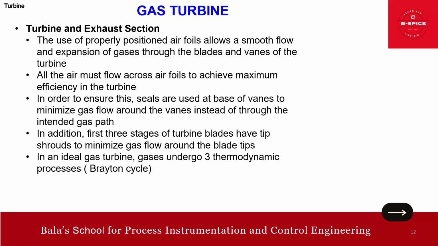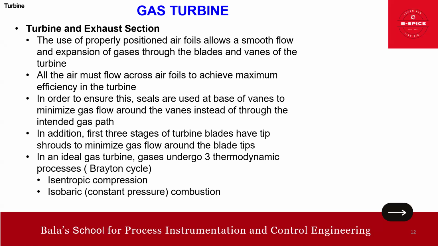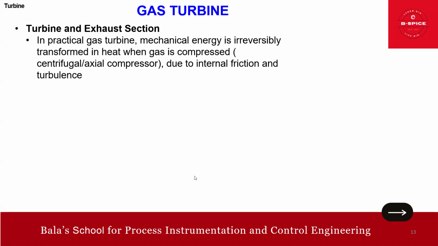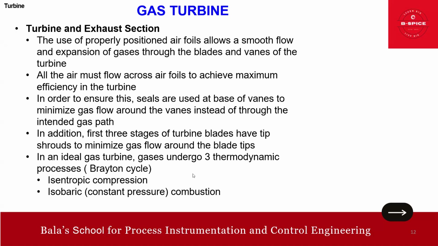So in an ideal gas turbine, gases undergo a thermodynamic process, which you know is a Brayton cycle, right? So isentropic compression, isobaric combustion, that is a constant pressure, and we have an isentropic expansion. Compression, combustion and expansion. Okay, that's it, friends. So we are done with this. And in practical case, see, this is the ideal case, right?